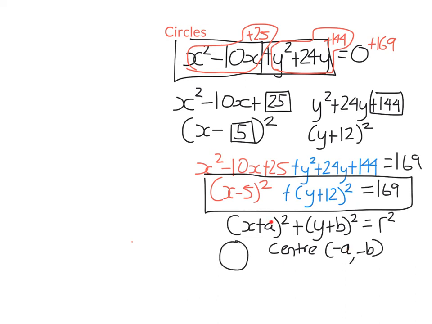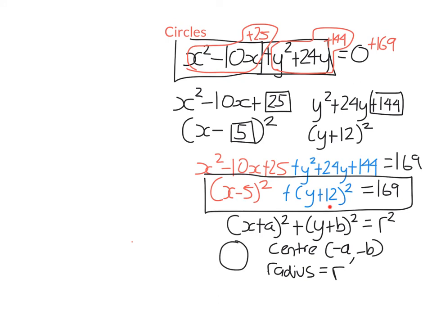So the x-coordinate is the negative of the number in the brackets with x, and the y-coordinate is the negative of the number in the brackets with y. The radius of this circle, r, is actually equal to the square root of this number. Because I've written it in proper form, I can easily find what the center and radius are.